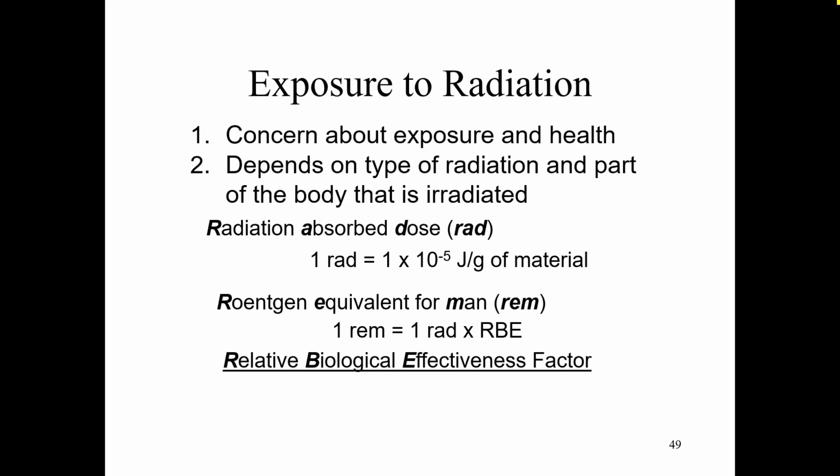Like we said, different types of radiation have different levels of penetration, and therefore they're going to have different levels of impact on our health. So for a gamma ray, we assign an RBE of 1. We do the same thing for a beta particle. For alpha, we assign a value of 10. All right.